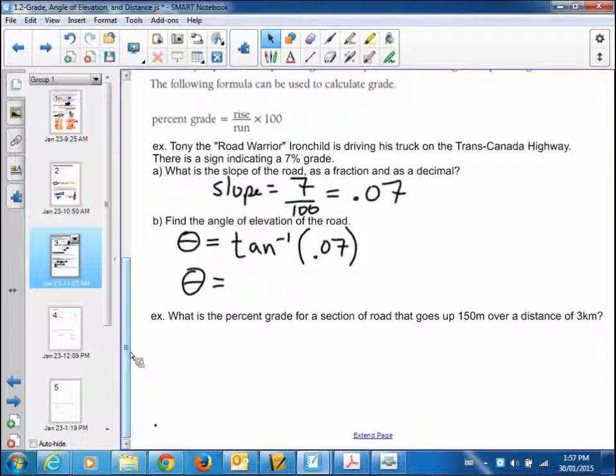Did you use 0.07? I like to round my degrees off to just 4 degrees. Be reasonable, don't go 17 decimals.